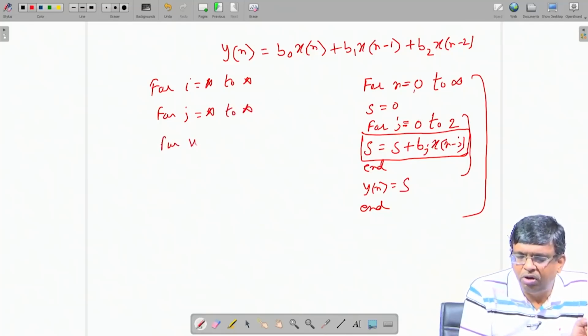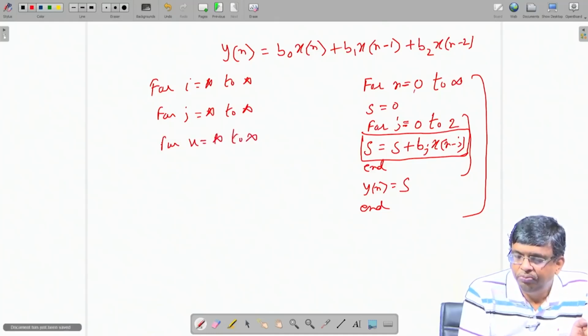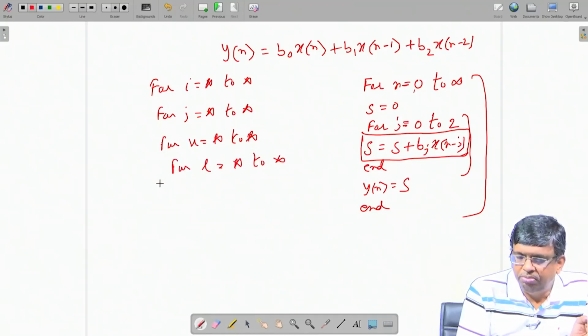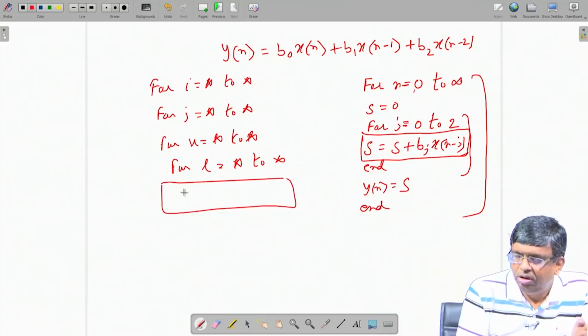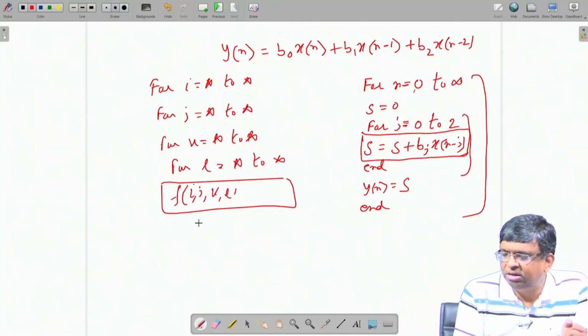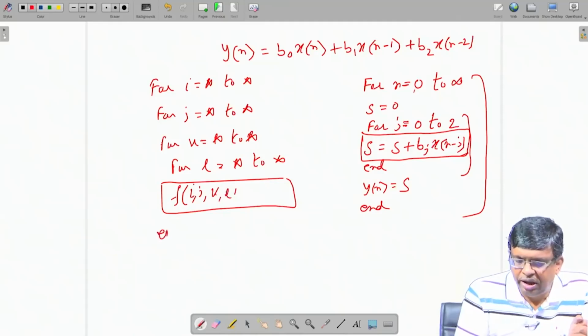Maybe I have got another one, k equal to some value to some value, but integer values, and maybe for L equal to some range, you have the basic operation where you evaluate, like here evaluating s, you are evaluating some function, which is a function of i, j, k, L, that we evaluate by a formula, by some calculation like this, and then end.